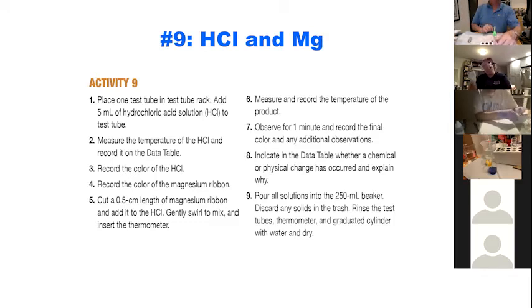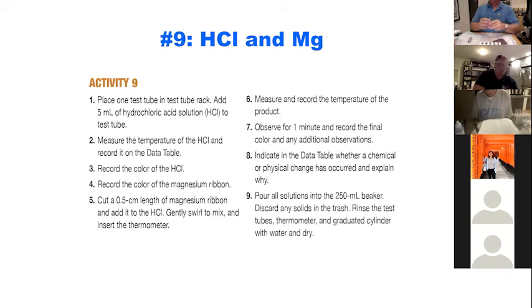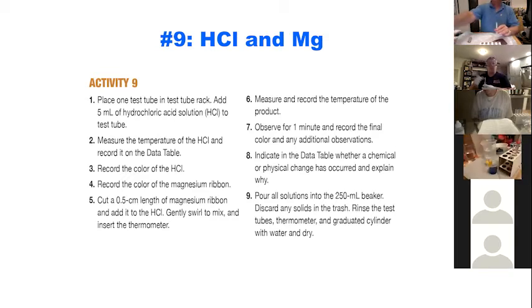So from 21 to 35. So we had more than one indication of a chemical reaction for that one.